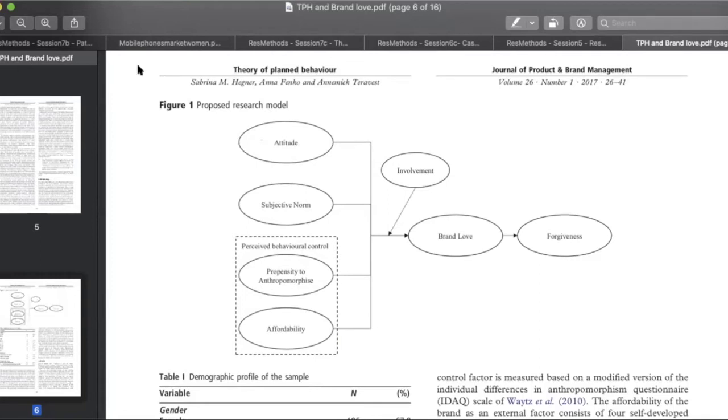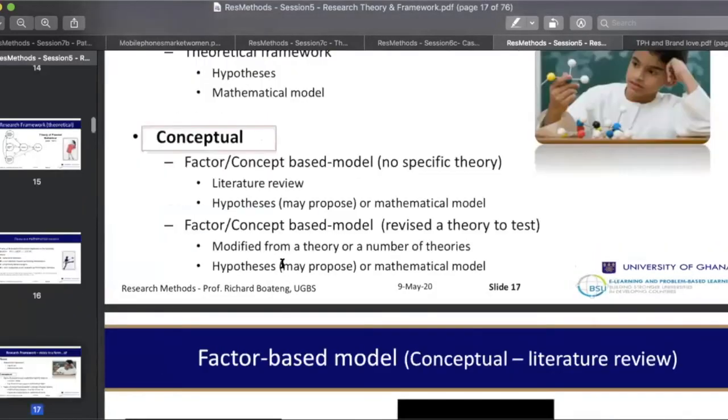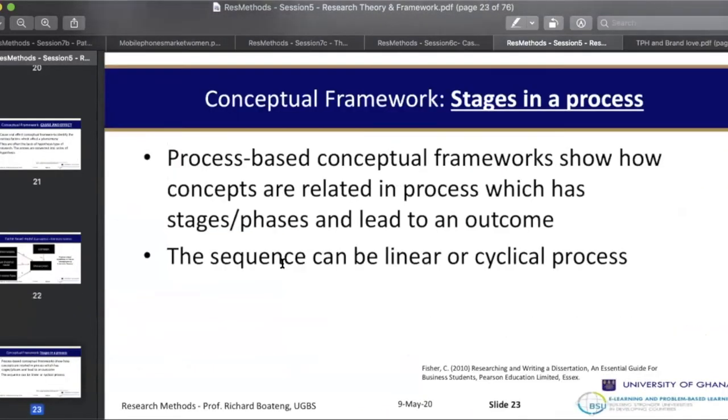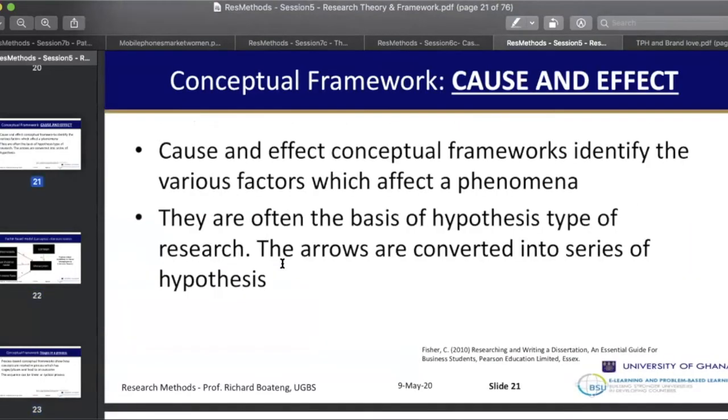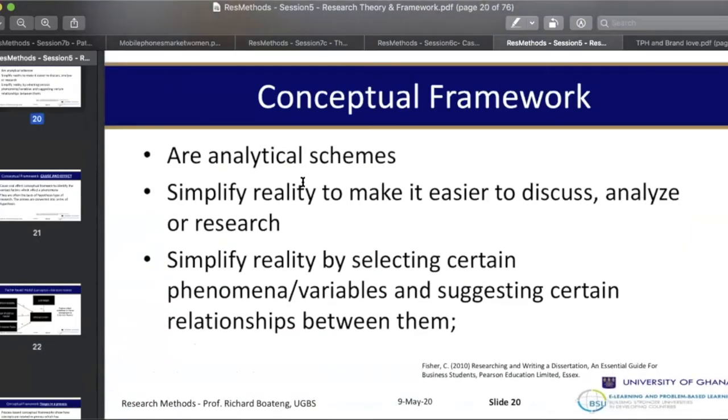Let me just show you something that maybe you have forgotten. When you look at what I taught you on theory, that's why I say watch the videos. Look at the definition for conceptual framework. Analytical schemes simplify reality to make it easier to discuss, analyze, or research. This is coming from Fisher's work: simplify reality by selecting certain phenomena or variables and suggesting certain relationships between them.